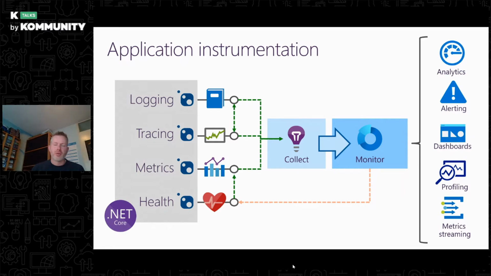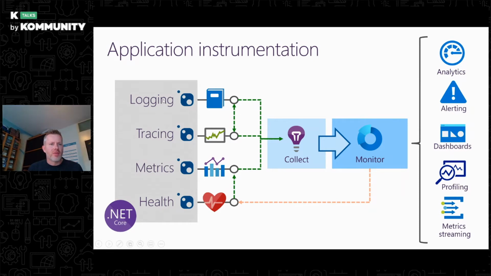The alerting will help you get notified and raise attention of things that are happening. With profiling, you can see performance kind of things. And with metric stream, you could go into a whole other thing of sending out metrics and making everything real-time observable. That's all possible.